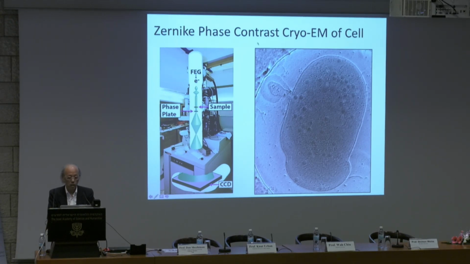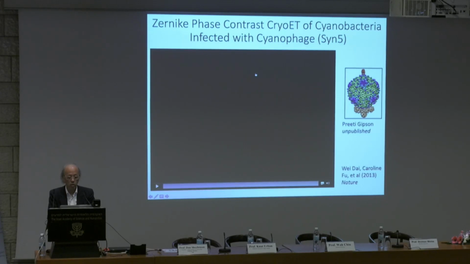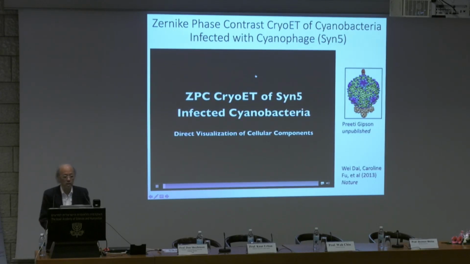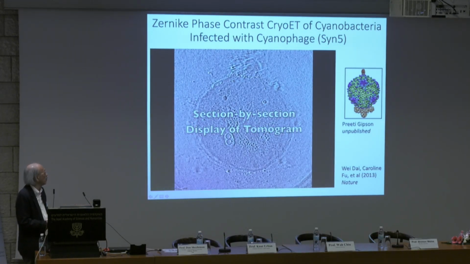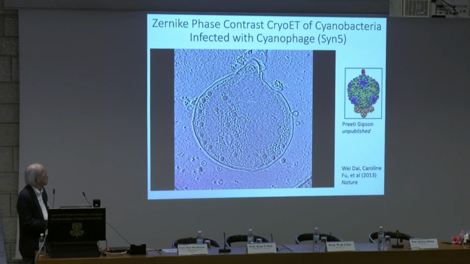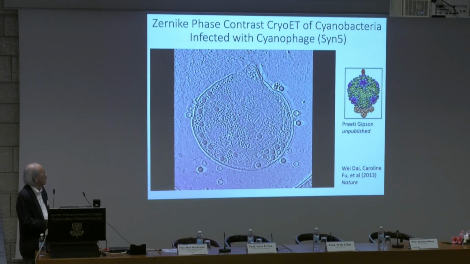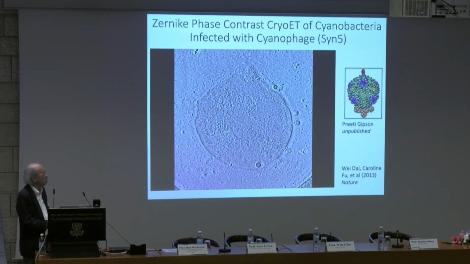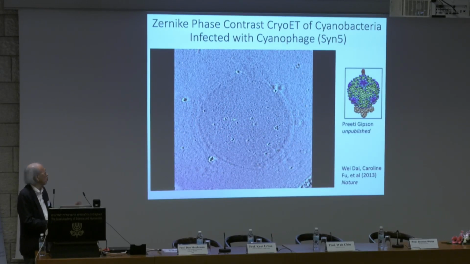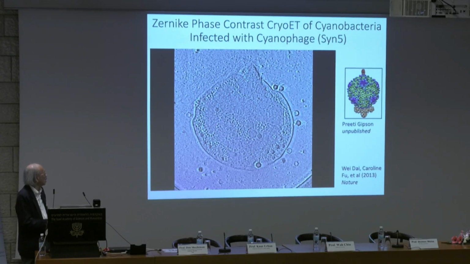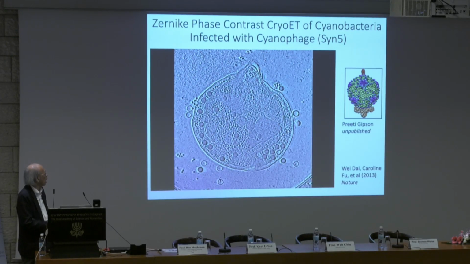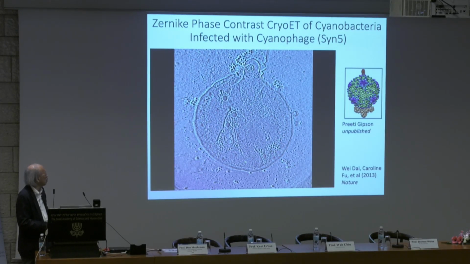Here I'm showing you a reconstruction of one example of these cyanophages, where the bacteria has been infected by phages. So you can see there are a lot of features. Keep in mind, this is no net, no stand, no metal stain, no fixative, completely frozen hydrated. So there are a lot of features in here in this 0.7 micron wide diameter photosynthetic bacteria.